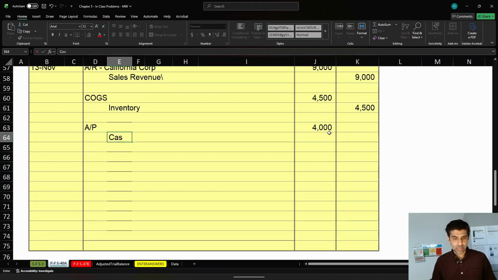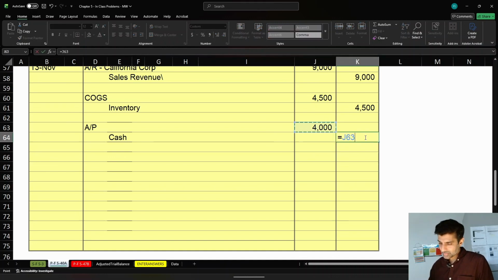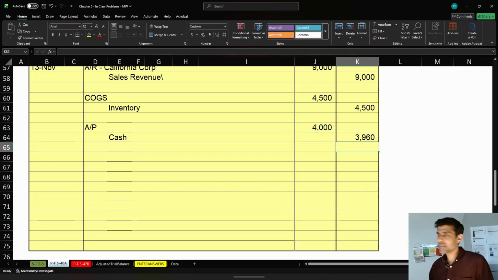I know I'm going to be paying some cash, but if I wasn't getting the discount, it'd be easy. It would just be this. But since I'm getting a discount, I know the actual amount of cash I'm paying is less than that, right? So the amount I'm paying is this times 99% because I'm getting a 1% discount. Okay, so I save 40 bucks.